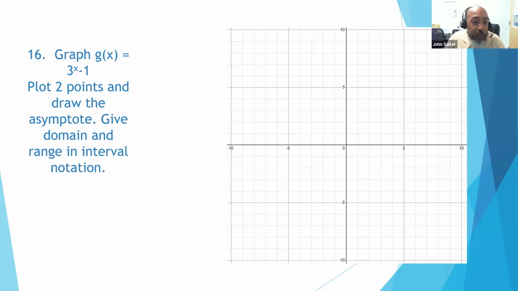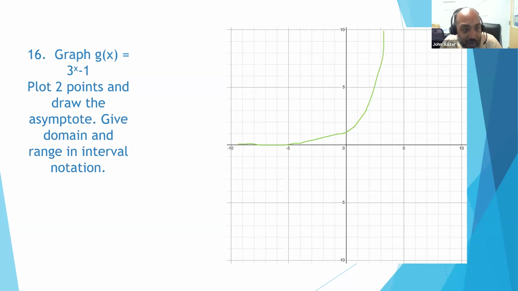Graph 3 to the x power minus 1. All right, well, this is an exponential. So generally speaking, my exponentials kind of start off at my x-axis and usually hit up at about 1 and kind of keep going, is what my general form looks like. For this one, I'm going to change color so we can see it a little bit better.